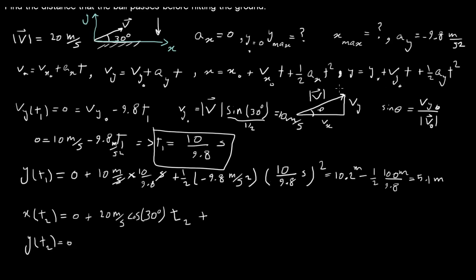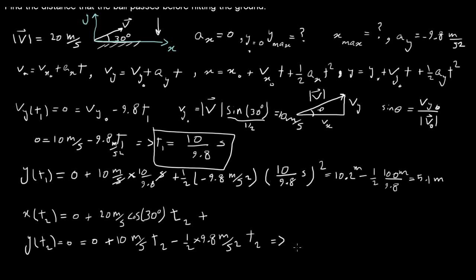So now let's go back to this equation again. We know y naught is 0. So this is equal to 0. Vy naught was here 10 meters per second. So plus 10 meters per second times T2 plus half Ay. So Ay is negative. So let's write negative half times 9.8 meters per second square T2 square.